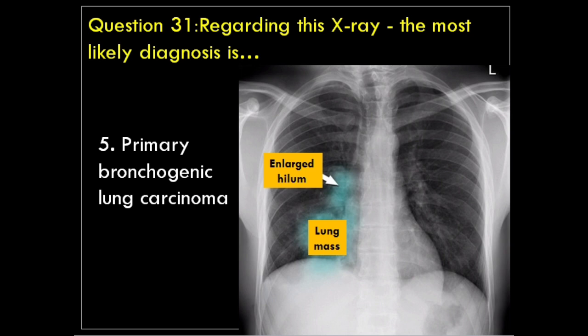Lung volumes are normal and there is no evidence of reticulation, a net-like appearance, of the lungs, so fibrosis is an unlikely cause. A thymoma usually causes widening of the upper mediastinum, which appears normal in this image. The area of density in the right lung base is due to a lung mass and the enlarged right hilum is due to enlarged lymph nodes in this area. The most likely diagnosis is a primary bronchogenic carcinoma.